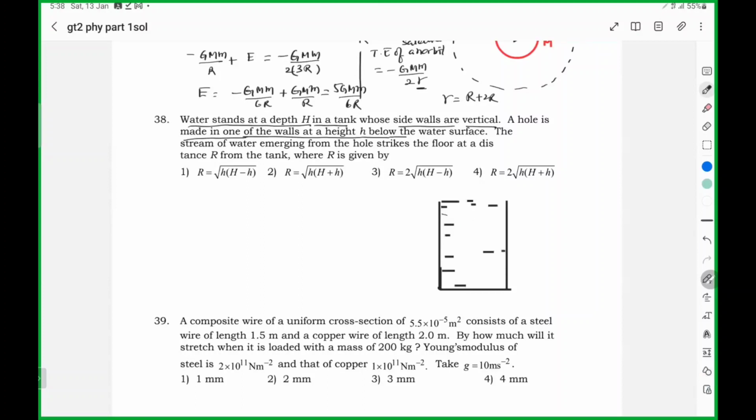So here the hole is made in one of the walls at a depth h. Now water is coming out from this hole with a velocity v, and it strikes the floor at a distance R.